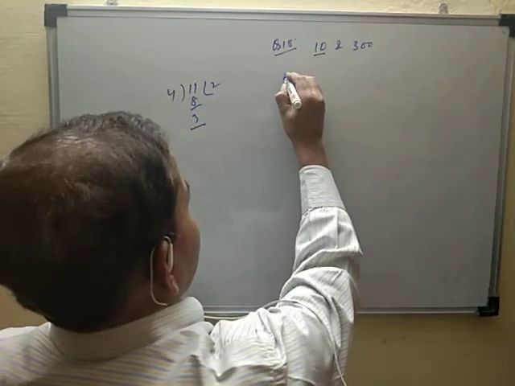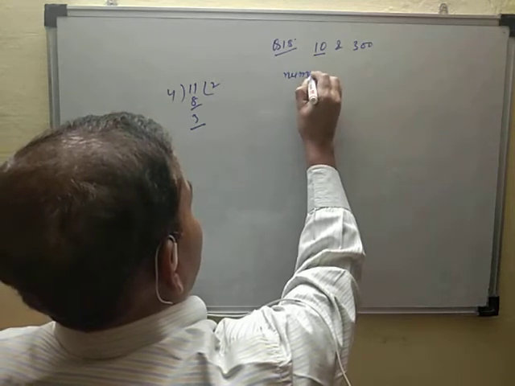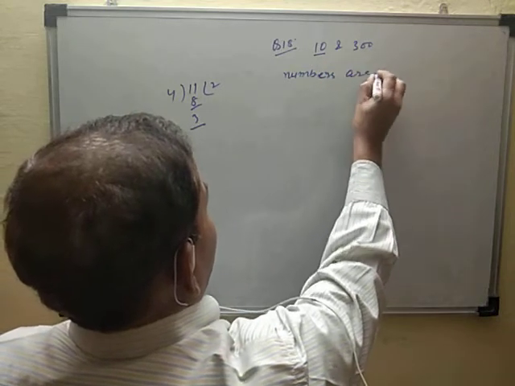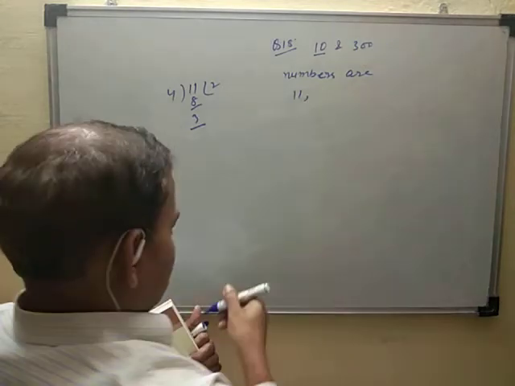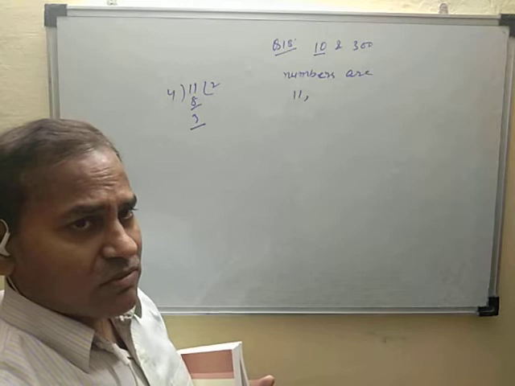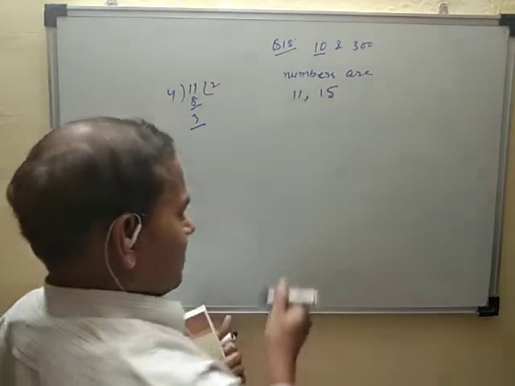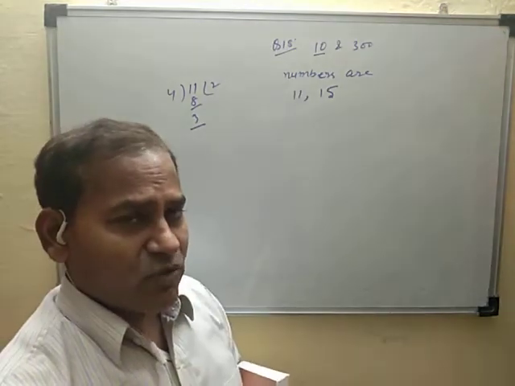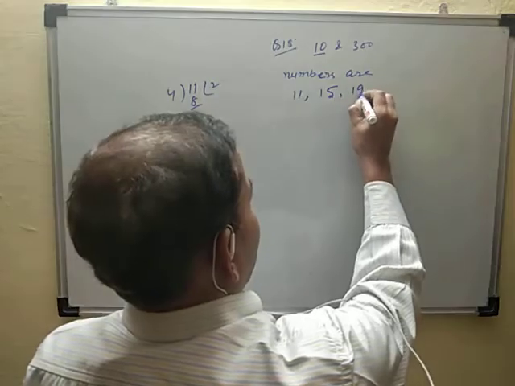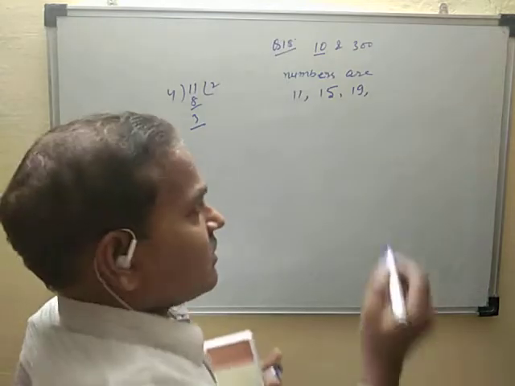So the first number is 11, and the next number, 12, no, we add 4. So the next number is 15. When 15 is divided by 4, the remainder is 3. Next number, 15 plus 4, 19. 19 divided by 4 gives remainder 3, and so on.